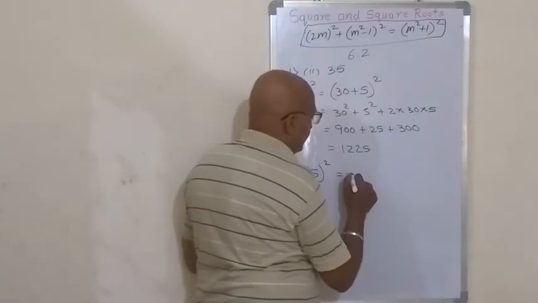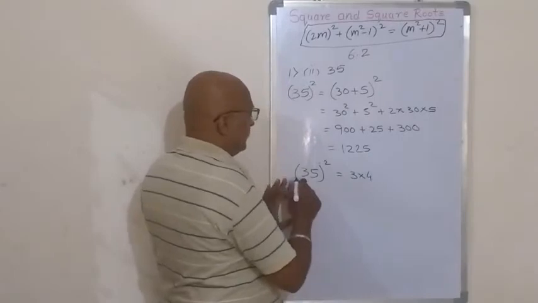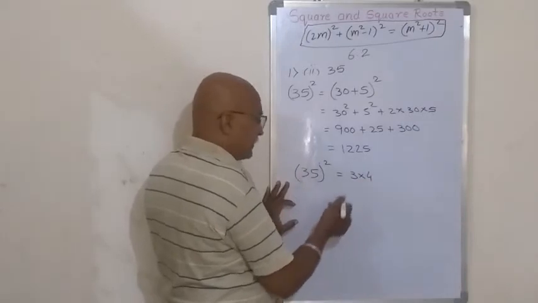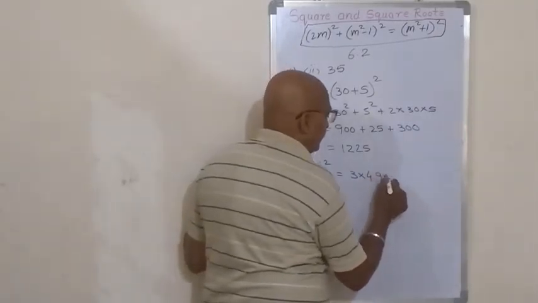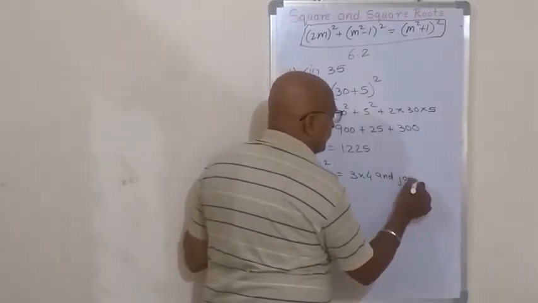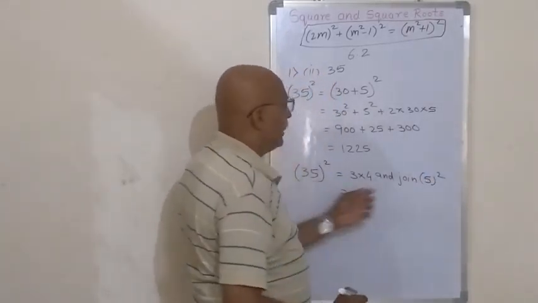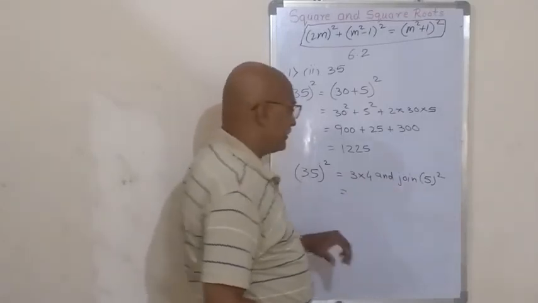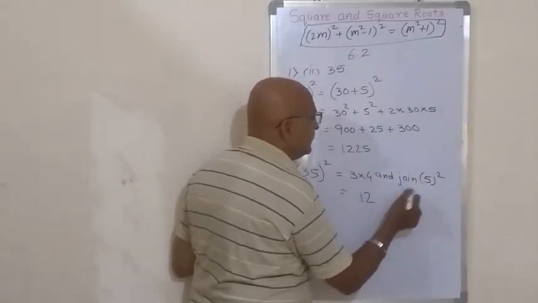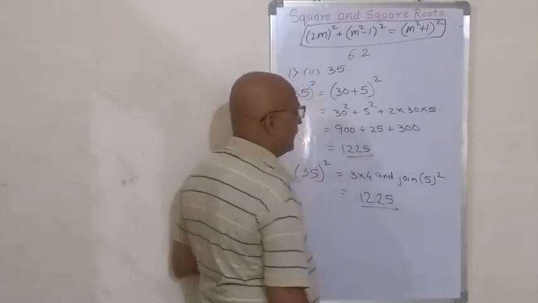So I will write here 3 multiplied by 4. 3 is the tens place number, multiplied by the consecutive, that is 4. And join 5 square to that. Join means not addition, just remember, you have to write it in front of that. So 3 into 4 is 12, 5 square is 25. See, the answer is the same.